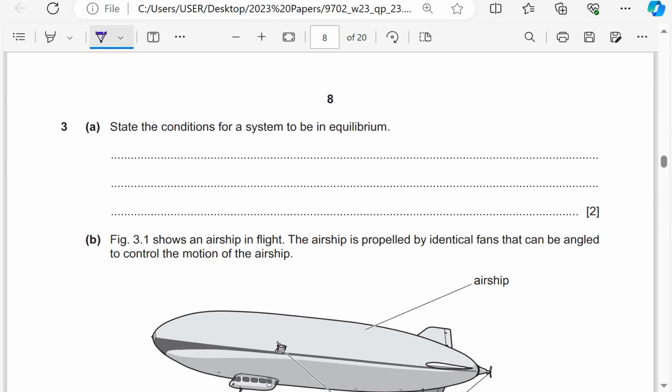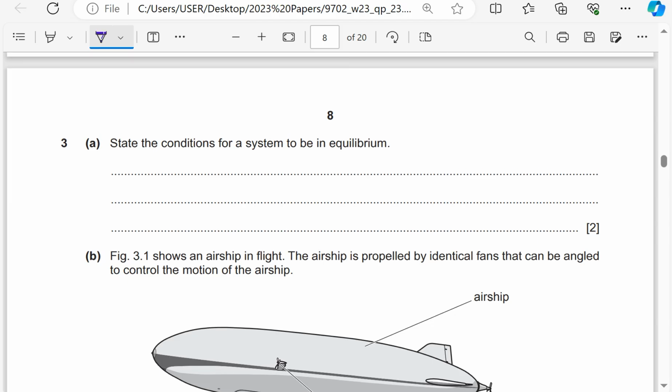State the conditions for the system to be in equilibrium. Of course, these are very easy conditions. Number 1, the resultant force in any direction is 0.